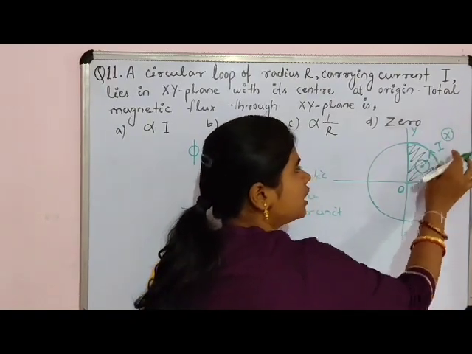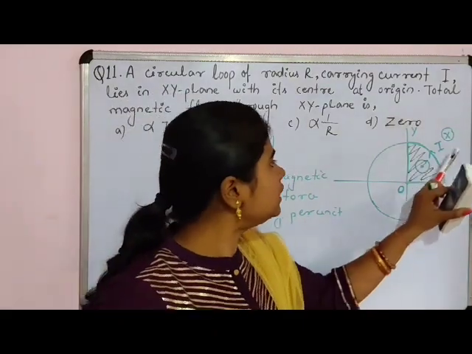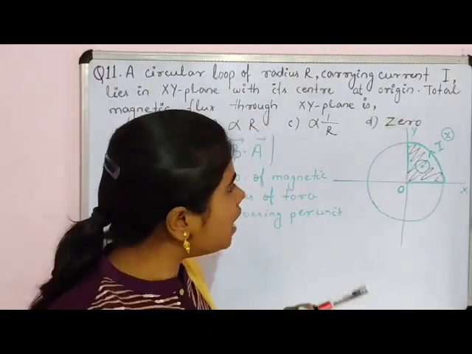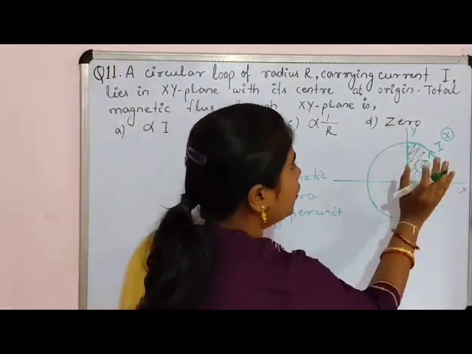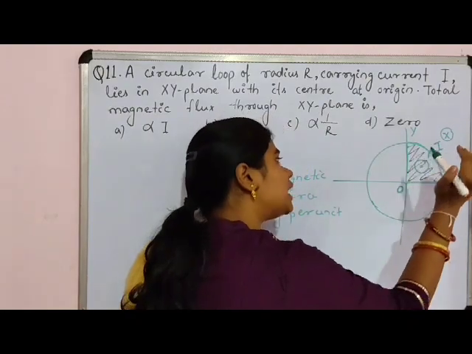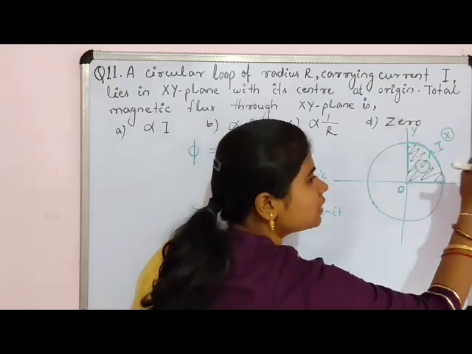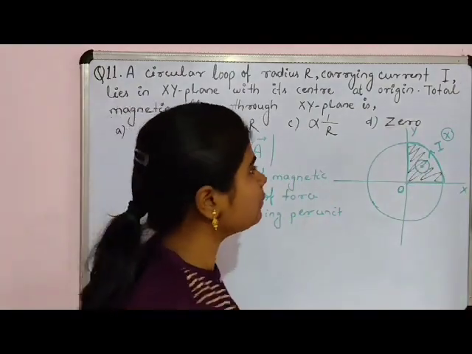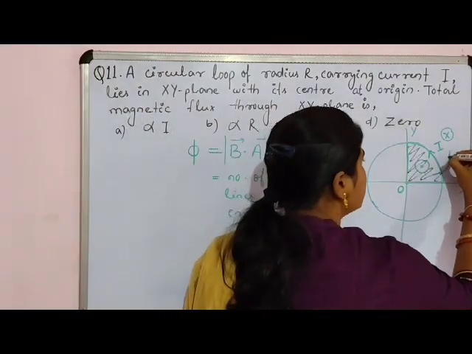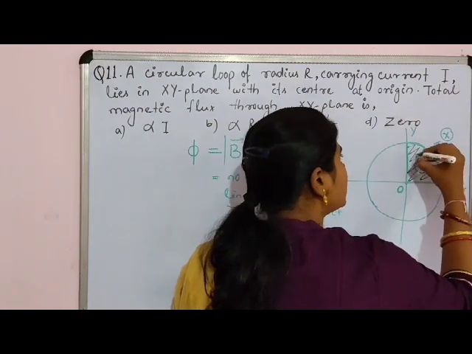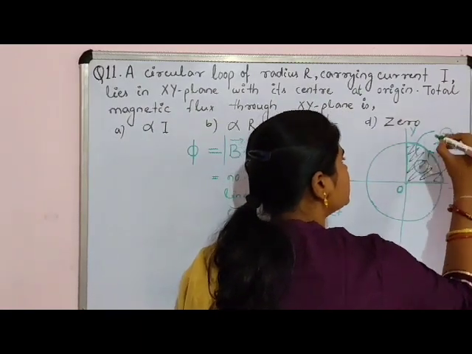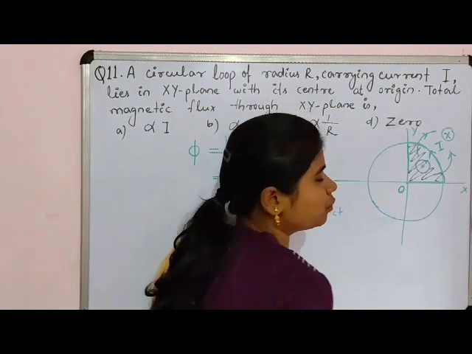Okay, so these are the two directions of magnetic field in the xy plane. So just mark this portion. Whatever amount of lines of force are entering the plane, the same amount of lines of force are crossing out of the plane also. Getting my point? Whichever lines of force are going inside, the same lines of force are coming outside also.